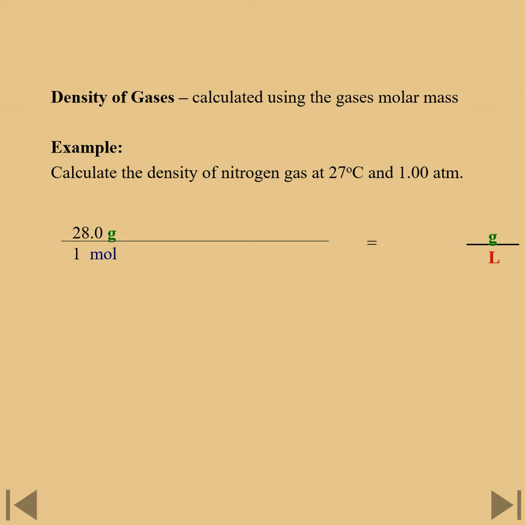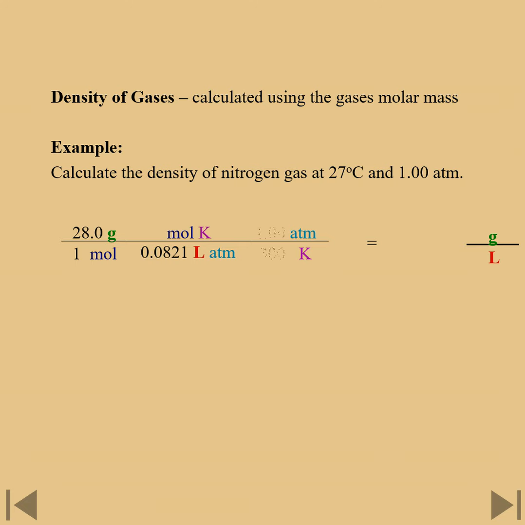Then, how do we get liters? From the universal gas constant with liters in the denominator. And now we can also see how moles already canceled. And so I just need to cancel out kelvins and atmospheres by placing them across the denominator line.